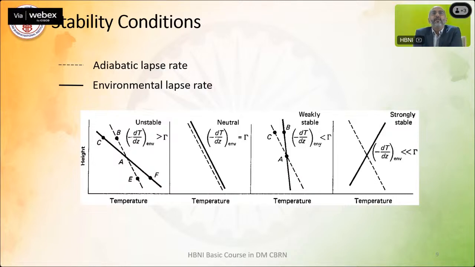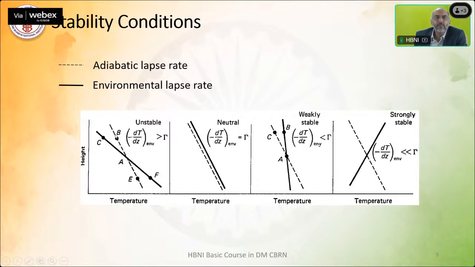So now let us see the stability condition. We saw what a lapse rate is, basically how the temperature changes across height. We have also seen what an adiabatic lapse rate is and what an environmental lapse rate is. Whenever the environmental lapse rate is much higher than the adiabatic lapse rate, you see the dotted line is the adiabatic lapse rate, and the environmental lapse rate, that is the temperature change across height, is quite high.